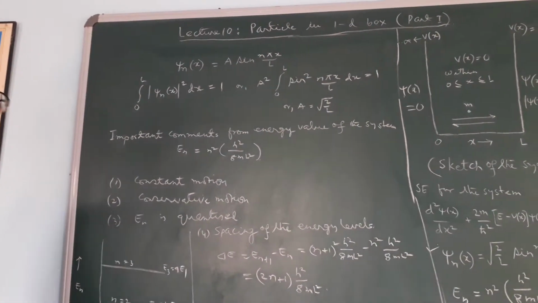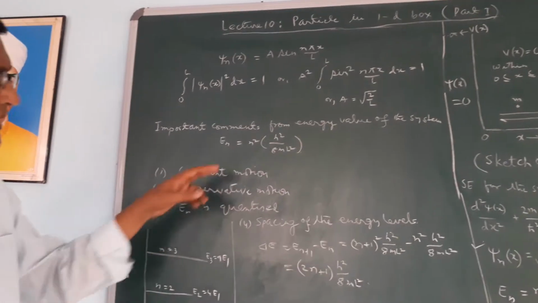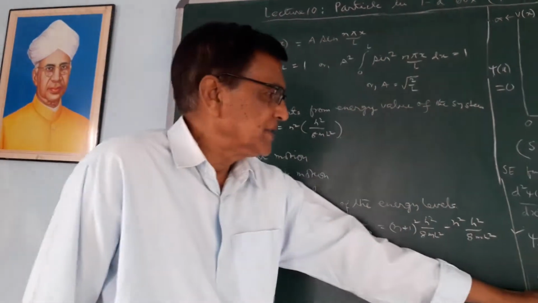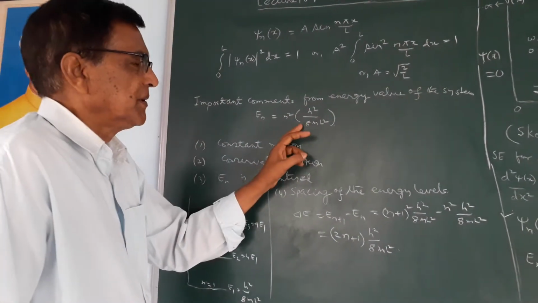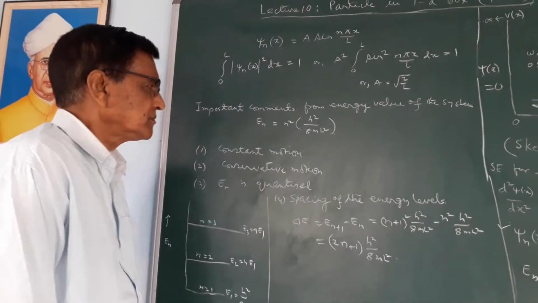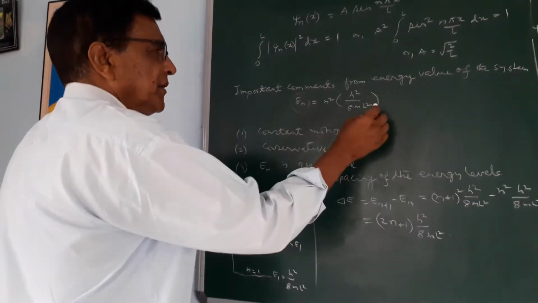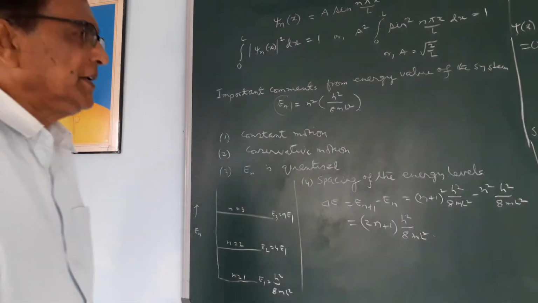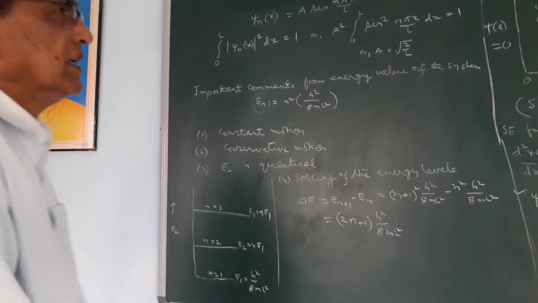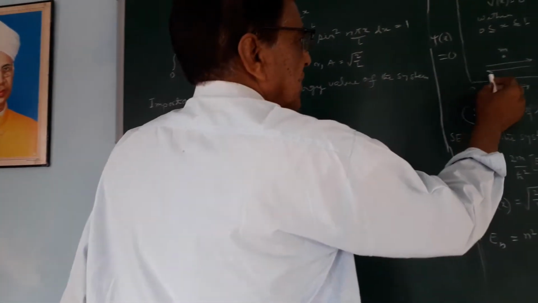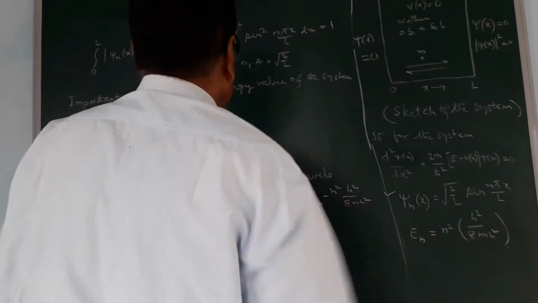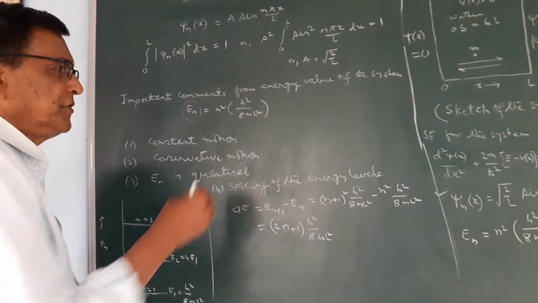Now I would like to give some comments on the energy value of this system. The energy En equal to n square h square divided by 8m L square. And here this energy value is independent of x. It means that at any position of this particle within this box, energy remains fixed.